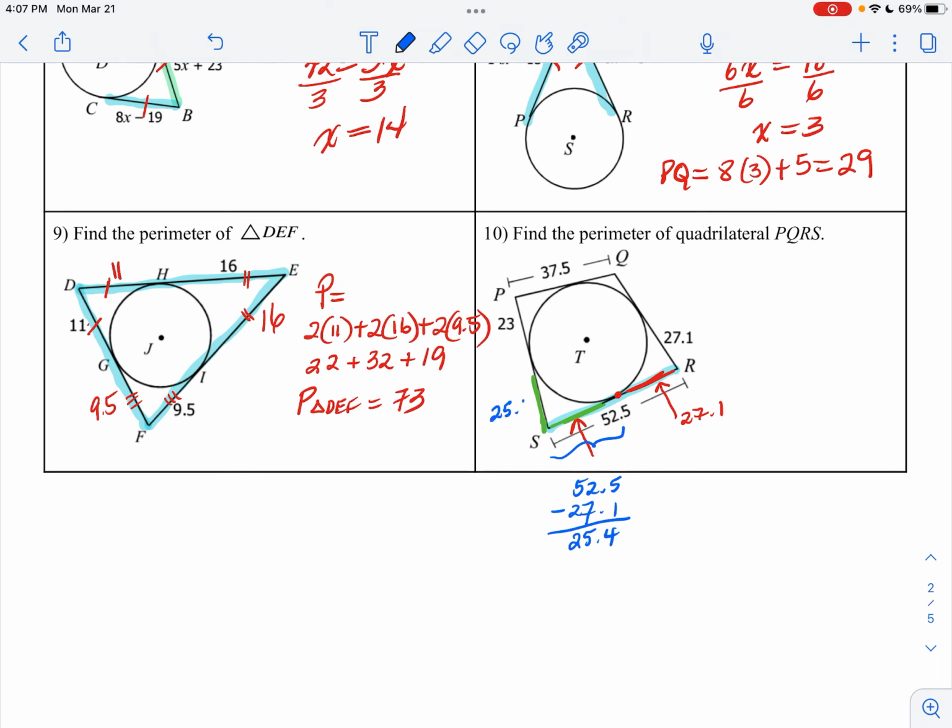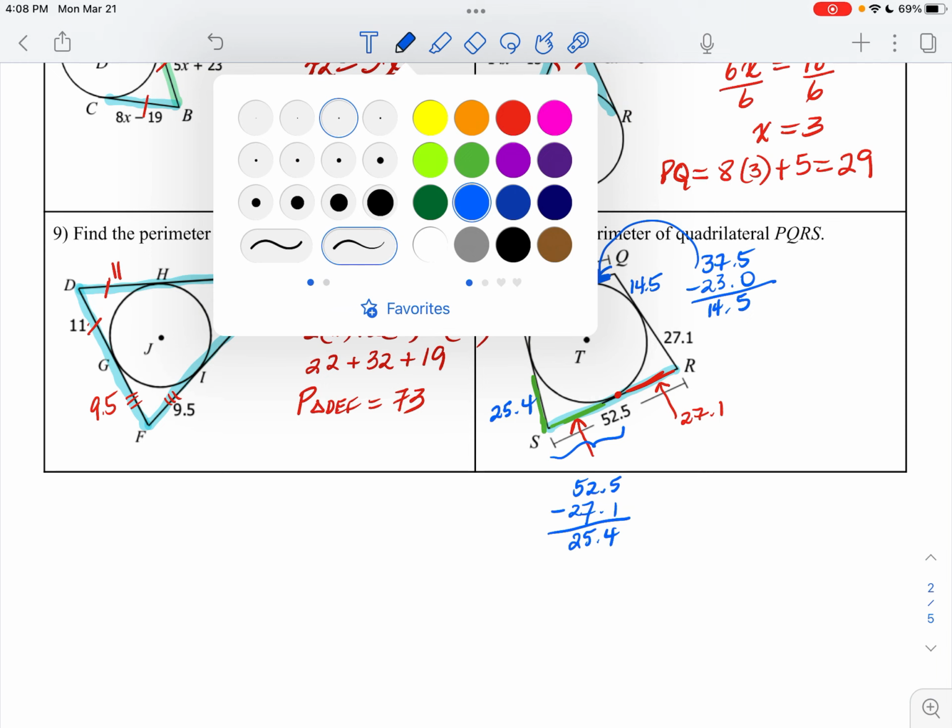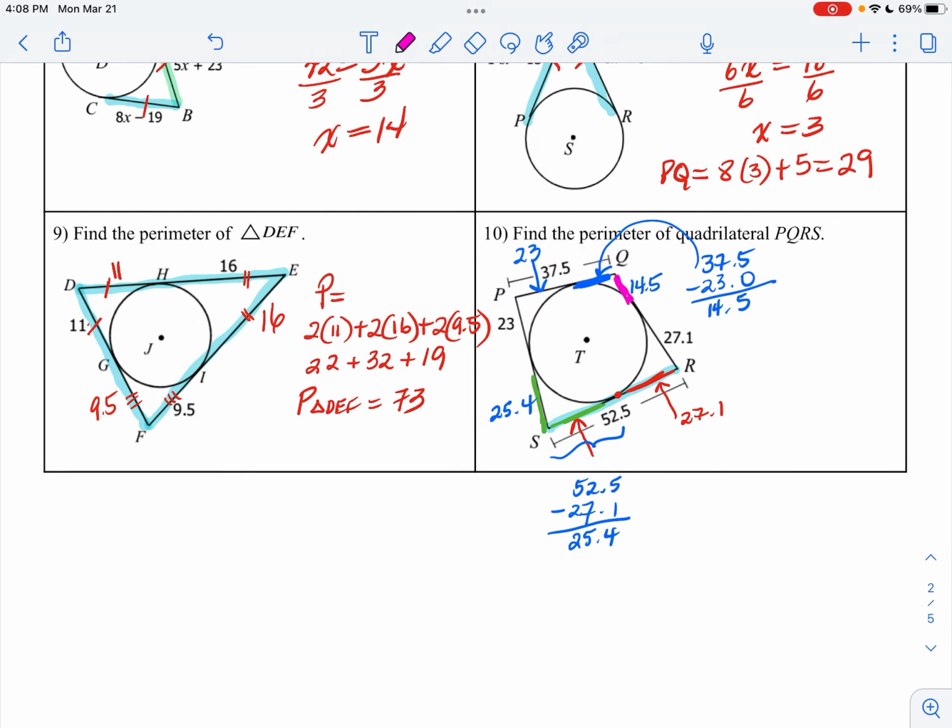So that means this is 25.4. I need to use the same logic to find this. So 23, and then this piece here is going to be 37.5 minus 23. Make sure you line up your place value there. So that's 14.5, and so this has to be 14.5. That's the only way to find these missing segments, this one here and this one here.